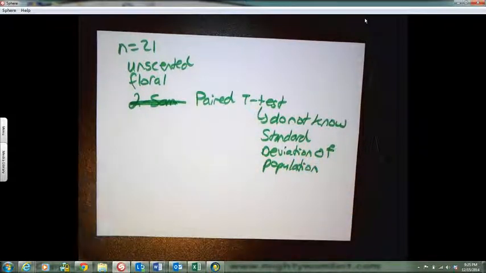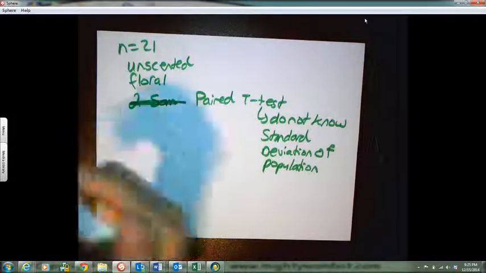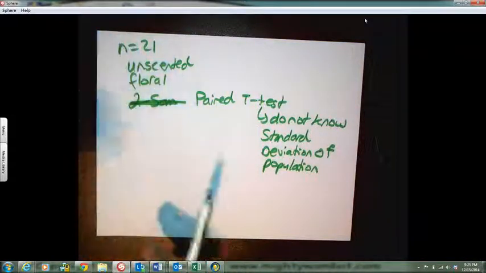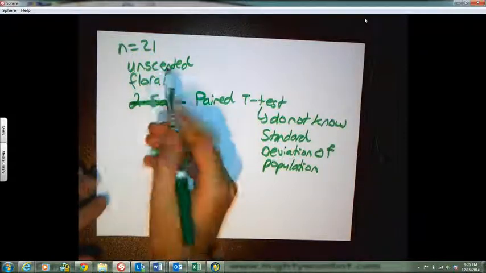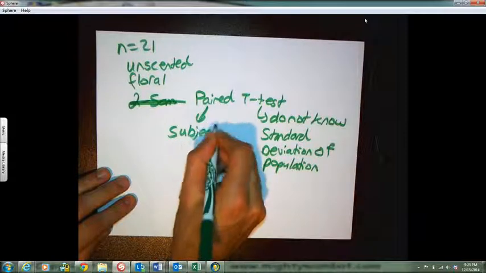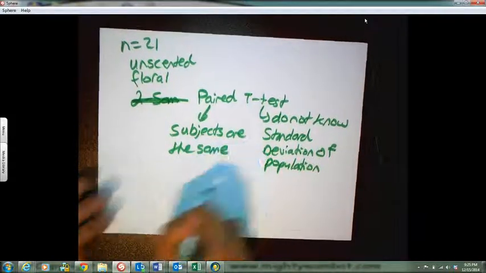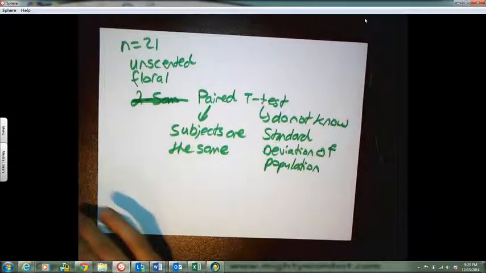And I know it is a paired t-test because it says that the 21 subjects worked both with the scented and with the unscented. So the subjects are the same for both groups.